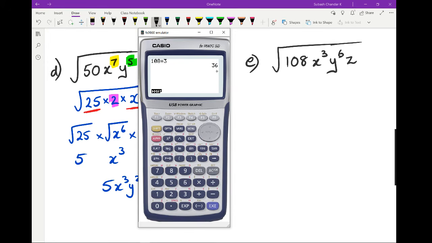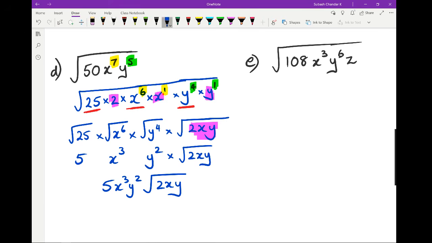You can see that 3 and 36 is a square number, so I'm going to use 3 and 36. So I'm going to split 108 into 36 times 3. X cubed, I'm going to split up as x squared times x. Y6, I'm going to leave as it is. And Z, I'm going to leave as it is. I'm not really going to touch anything with Y or Z.